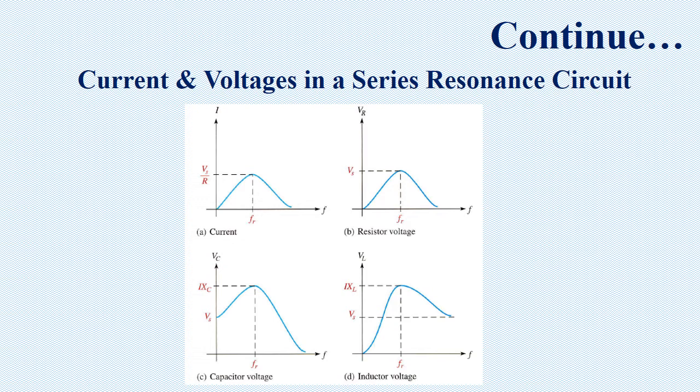So when we have the least impedance in the circuit, the current will be maximum, and we can analyze this response in the graph of the current and voltage also. At the resonant frequency, when we have only the resistive element as the impedance, we have the greatest amount of current and voltage at that point.